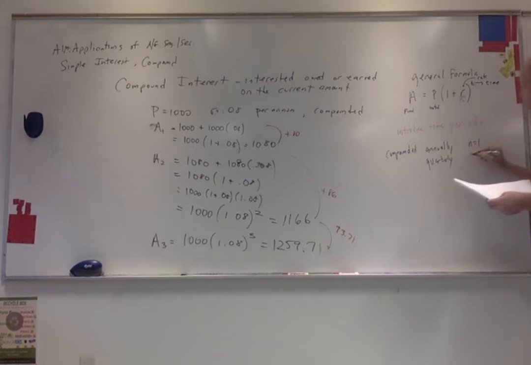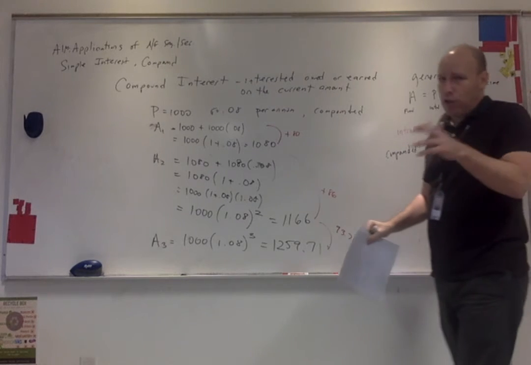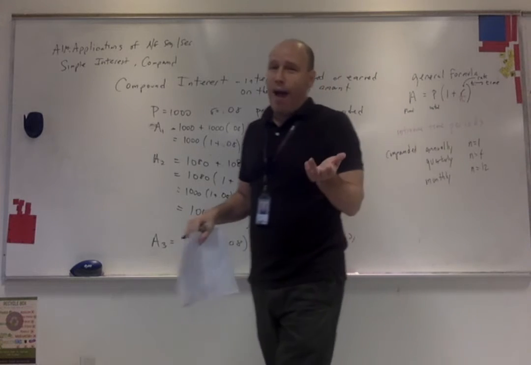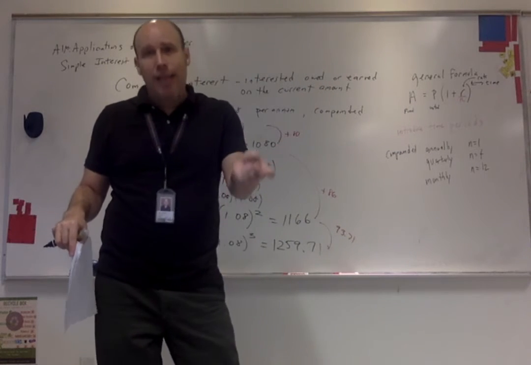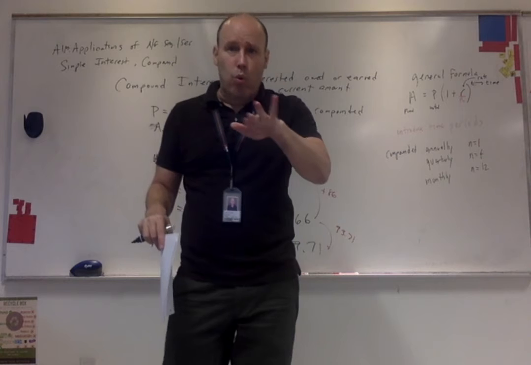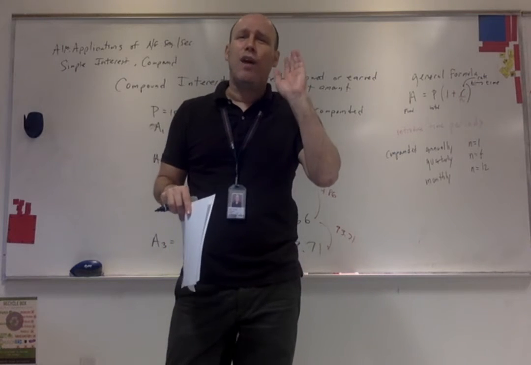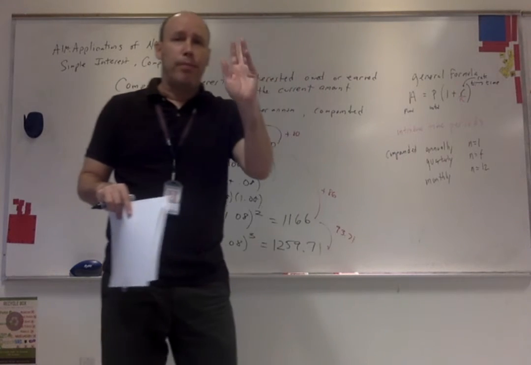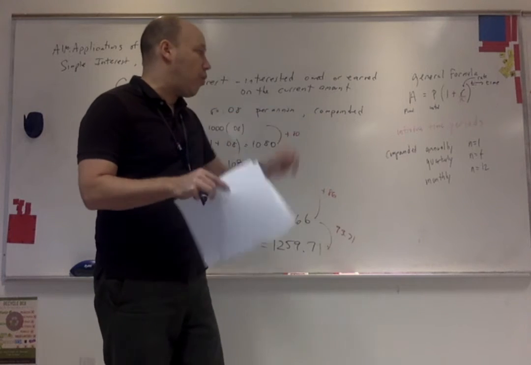Quarterly, which is n equals 4, and monthly, which is n equals 12. Now, you might remember when I still had you with the HL kids, we compounded an infinite number of times, and that's where we got e from, but don't worry about it. IB doesn't even get to this till a couple of units later, so we're fine just with these 4.